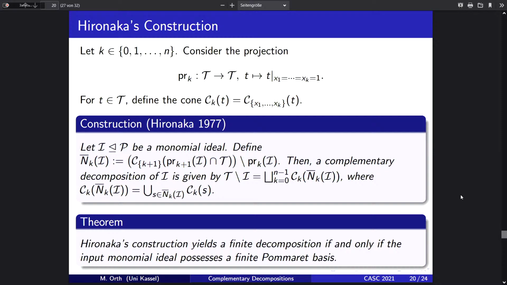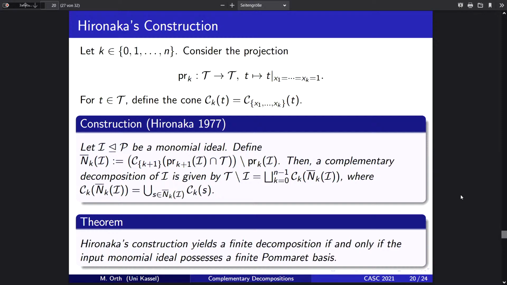However, not for every monomial ideal is this decomposition a finite one. So in general, Hironaka will get an infinite number of cones in his decomposition.